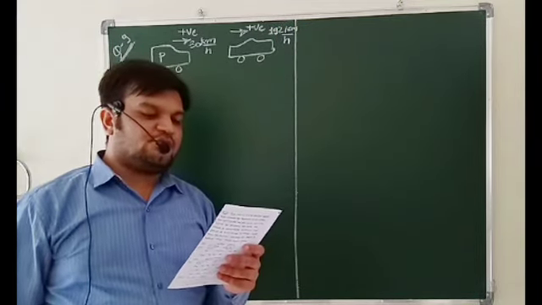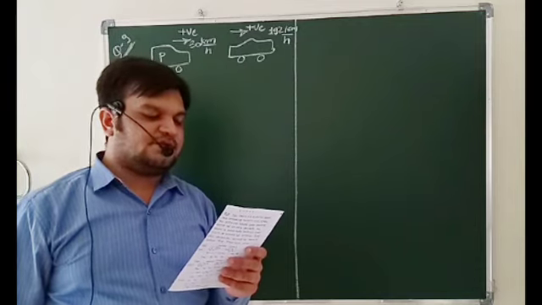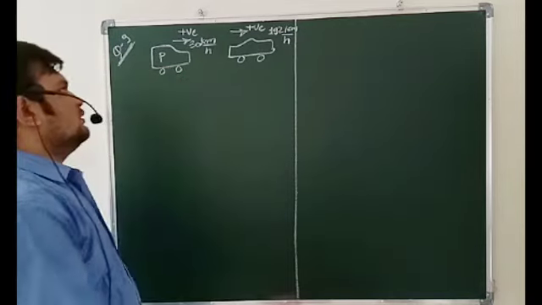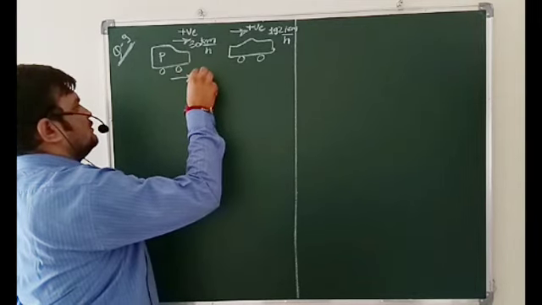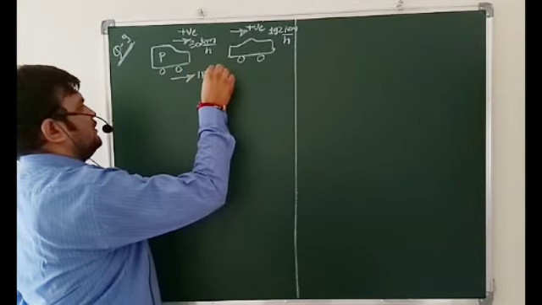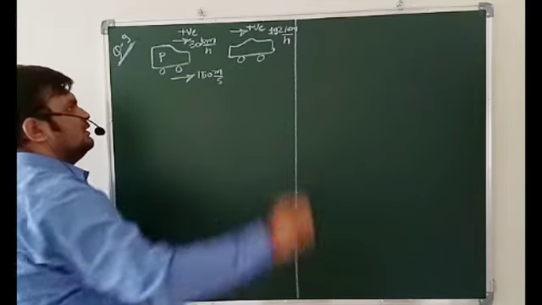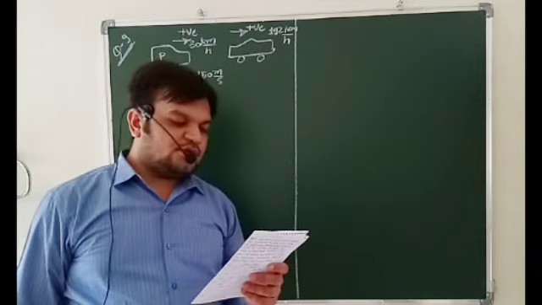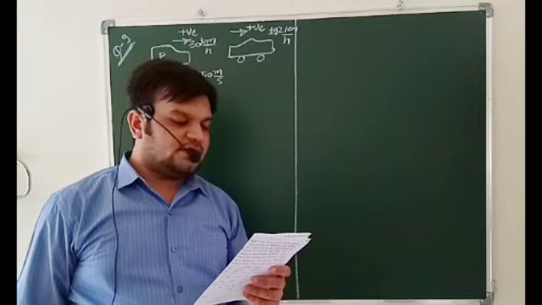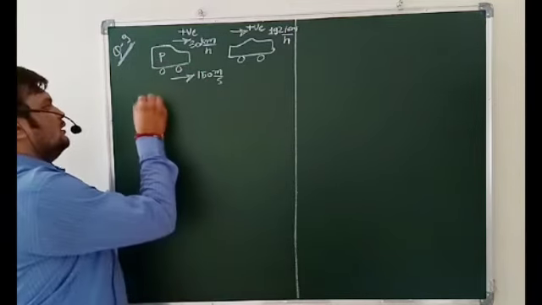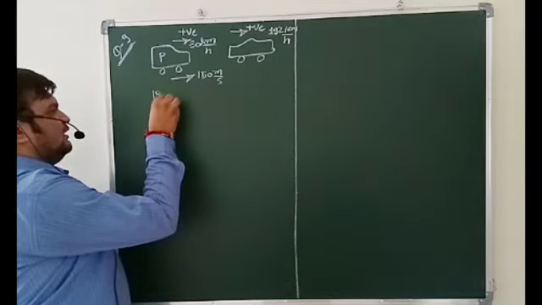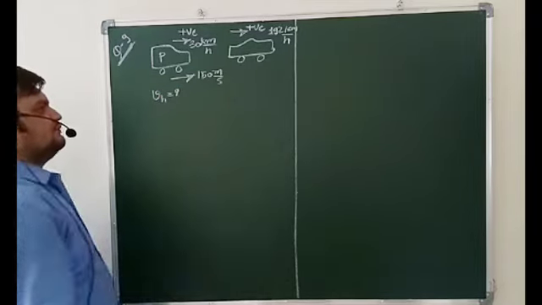The bullet is fired from the police van with 150 meter per second. So ultimately we have to find the speed of hitting, VH.